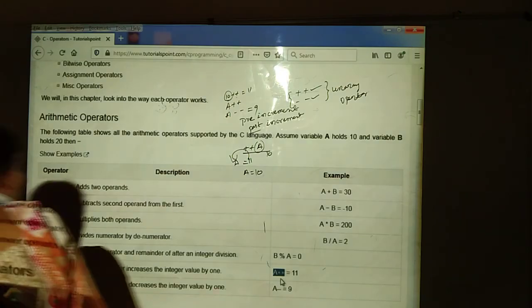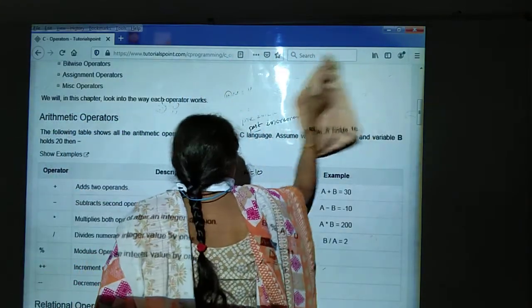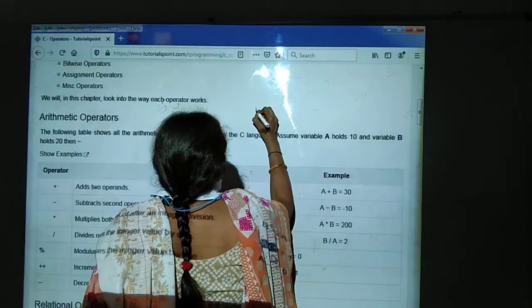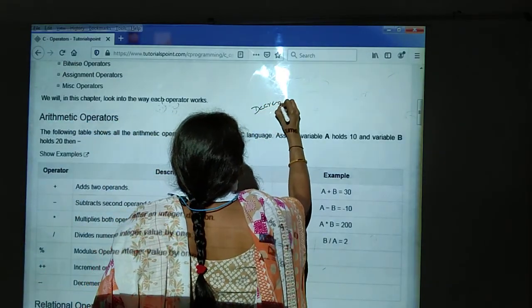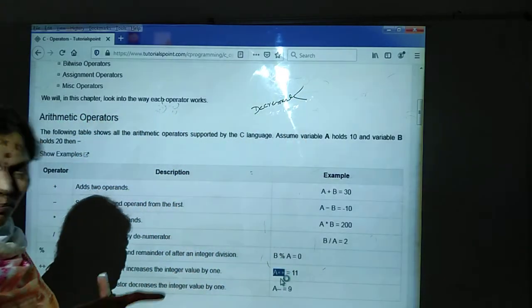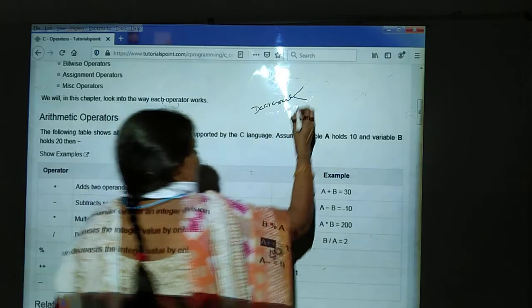Next, we can see the decrement operation. Decrement also we can perform as pre-decrement and post-decrement.